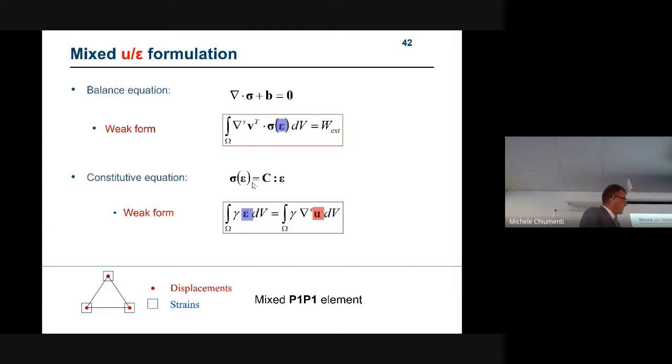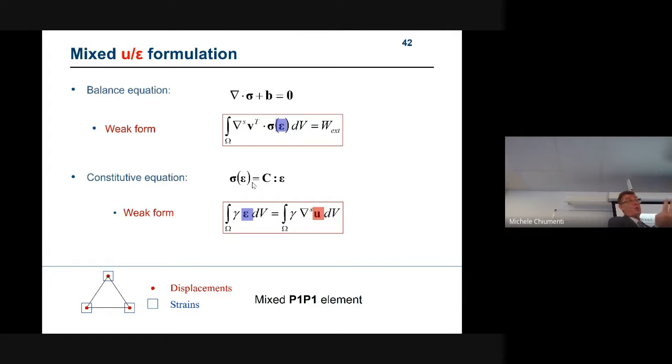Constitutive equation. This is the classical constitutive equation. You can make it more or less complex. You can change this with a version of plasticity, damage, if you want. Okay. The question is, you have two unknowns, the displacement and the strains. You need two equations. This is the balance equation. This is the constitutive equation in weak form.